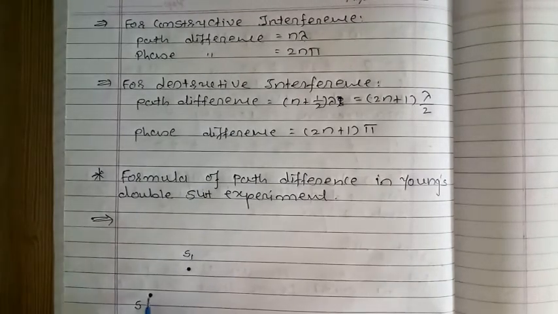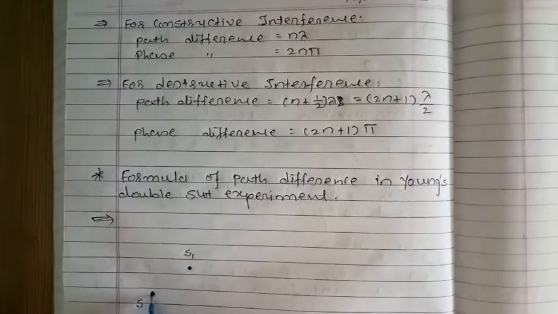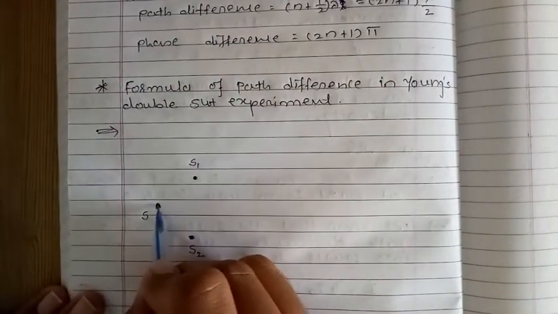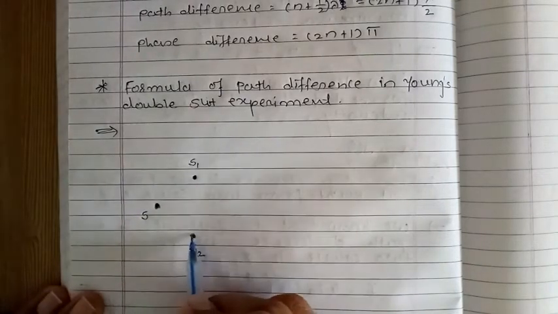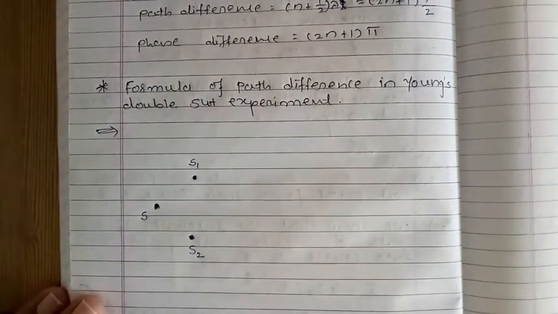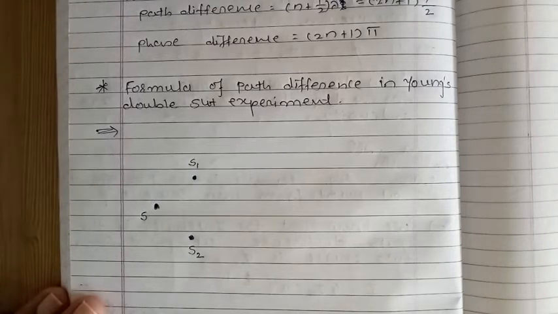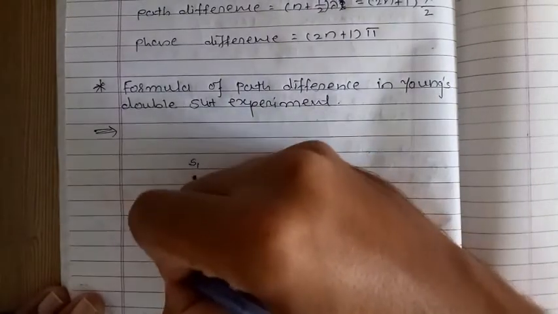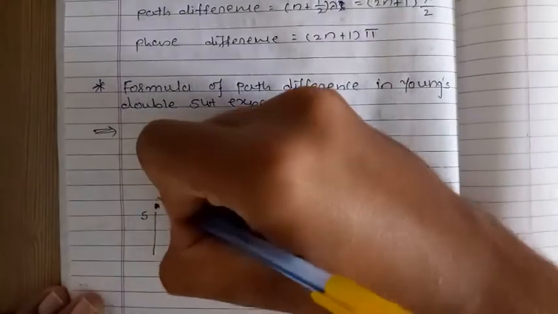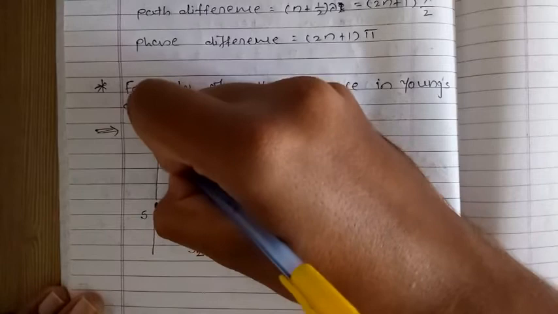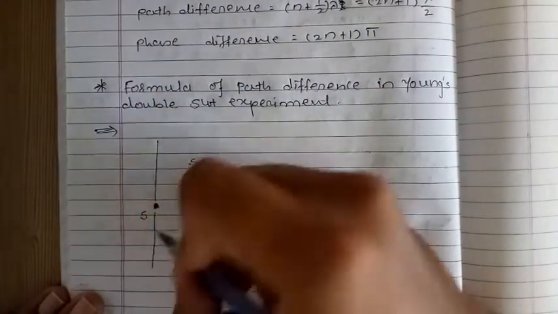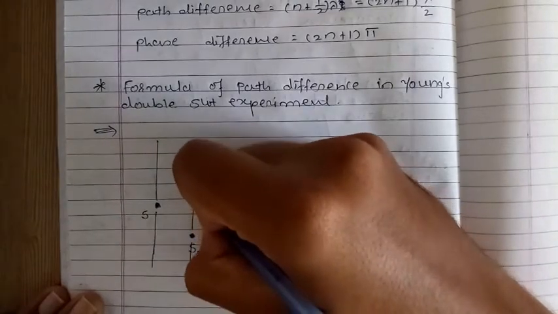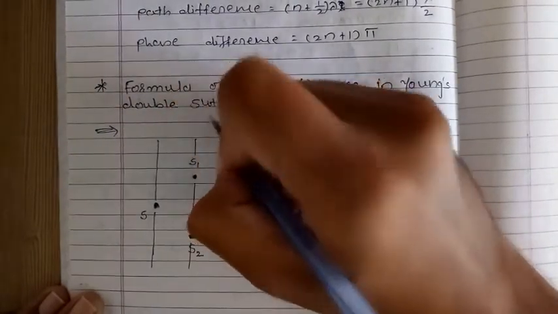Having the same distance from S, right? This is slit S, this is S1 and S2, right? Now the slit is denoted like this. This is slit S, this is S2 and S1, right?